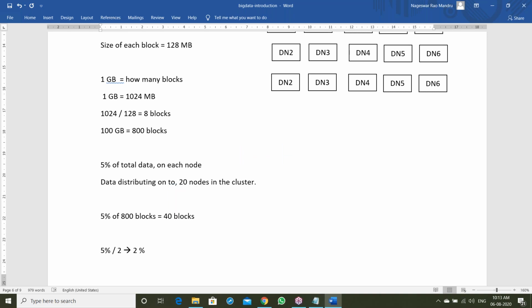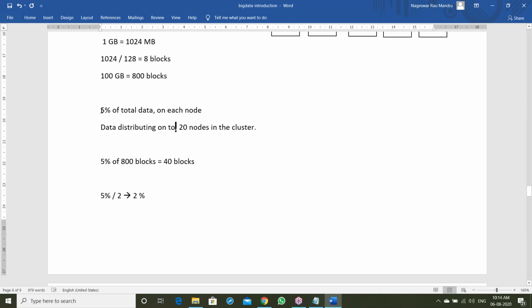That is the default algorithm. If a very big data set comes in, that becomes half again, 2%, so it will be stored on many more nodes.